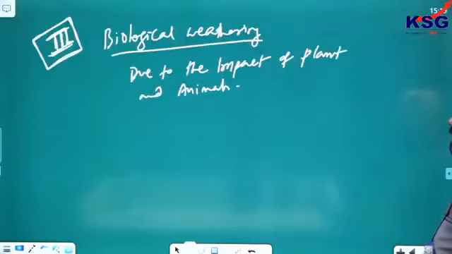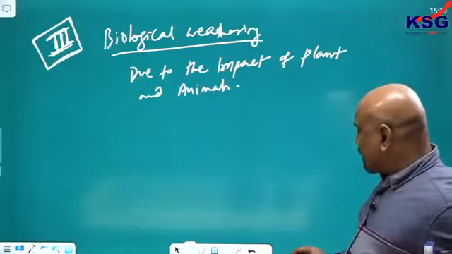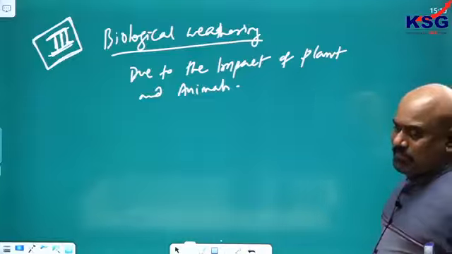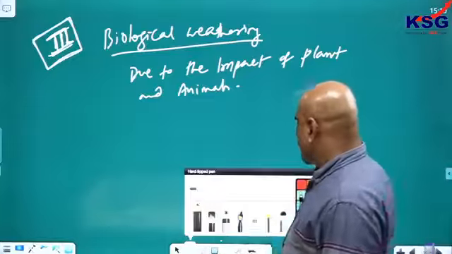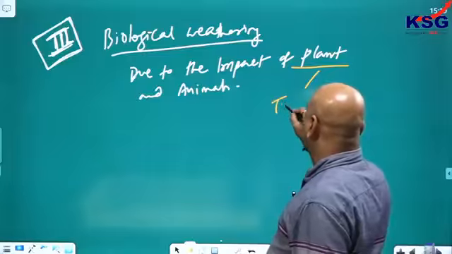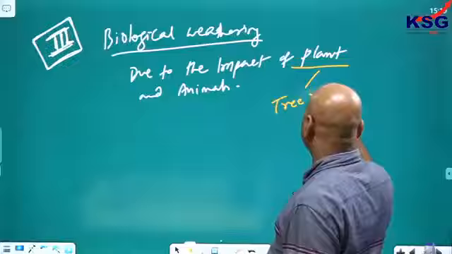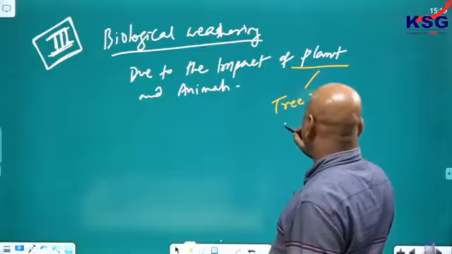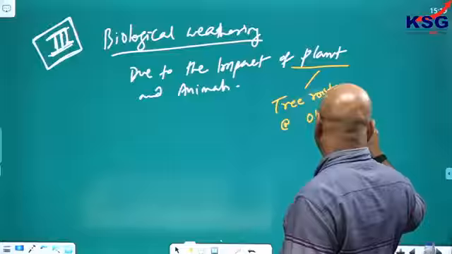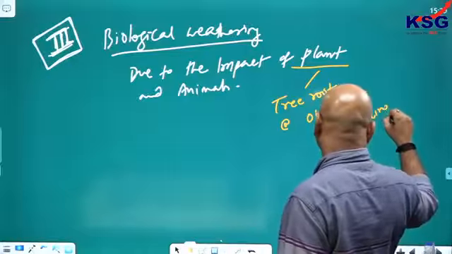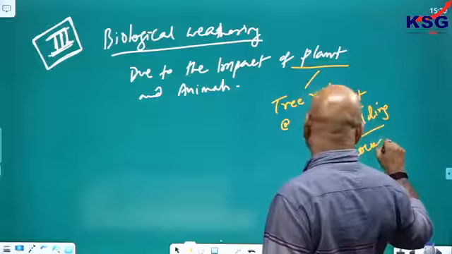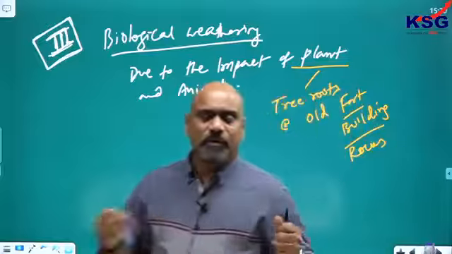Next one, biological weathering. Due to the impact of plant and animal, influence of plant and animal. Plant, like tree roots in the old fort or building or rocks, splitting the rocks.